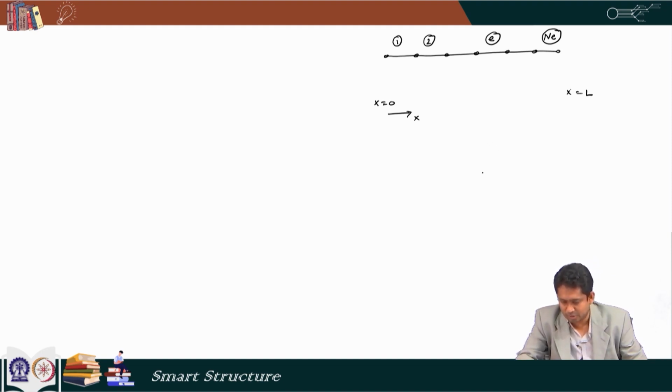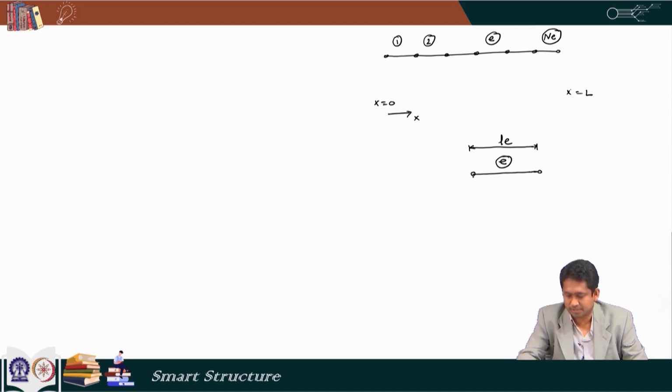Now, let us look into element number E. Let us look at an enlarged view. So, we are drawing it a little bigger. Element number E, let us assume that it has a length of LE, and it has two nodes.